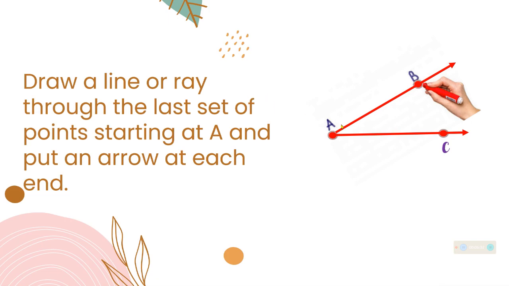As you have noticed, we have here the point of intersection or the common endpoint, because we have the so-called angle. You can name this angle as angle A, angle BAC, or angle CAB. So these are the 3 ways on how you are going to name this angle.